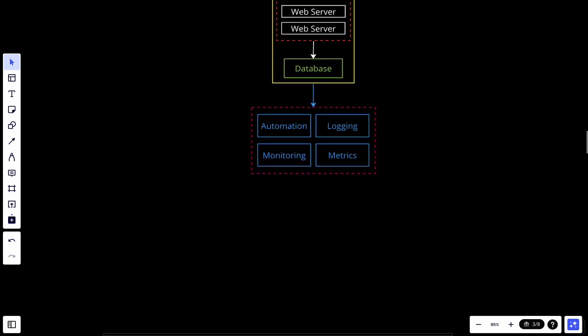Basically, monitoring in a distributed system is the practice of continuously observing and measuring the performance, the health, and the behavior of various components and services within a distributed computing environment.